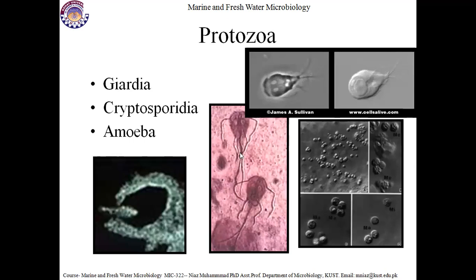Protozoans are of different types. These also cause disease in humans, and these are Giardia, Cryptosporidia, and amoeba. They get access through water to healthy individuals and cause different diseases.